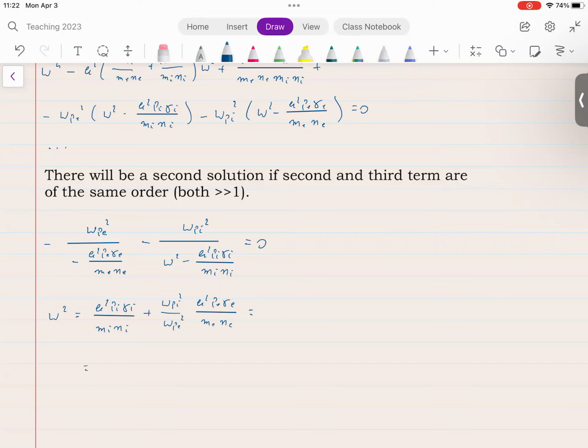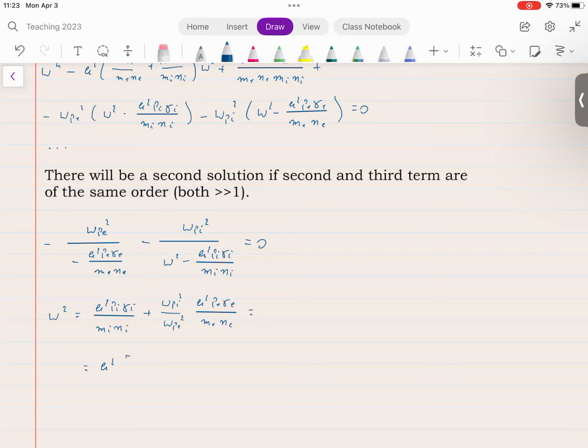And that's equal to, let's see, I can collect a k squared. And I can simplify the expressions for the plasma frequencies, can cancel out the common terms.